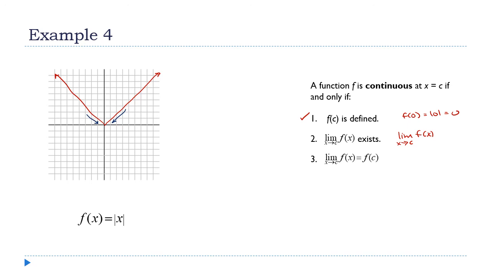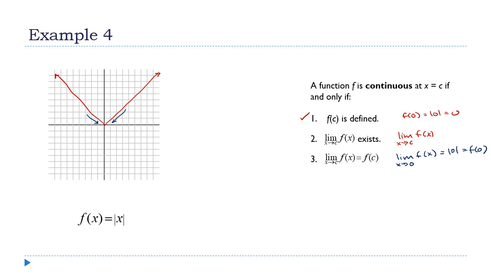Yes, the limit does exist. What is the limit? Well, what is that point they're coming into? The limit as x approaches 0 of f of x equals the absolute value of 0, which is f of 0. So this function is continuous at 0.